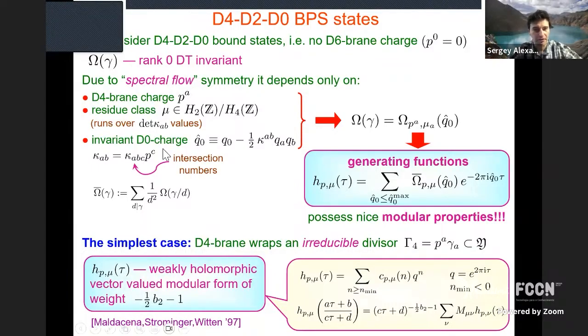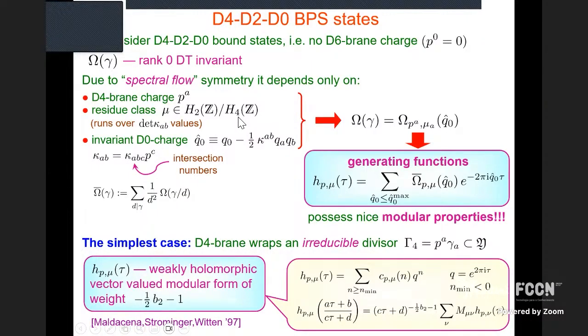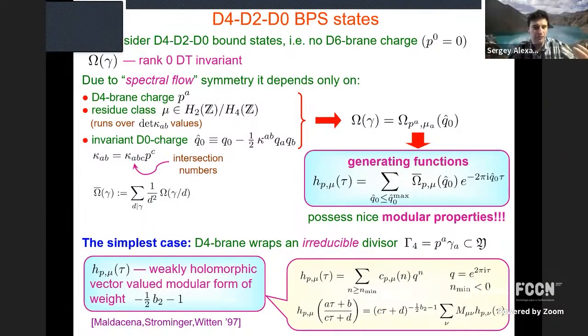It turns out that the D2 brane charge lives in H2 and the spectral flow parameter lives in H4. If these two lattices are not the same, then you cannot completely remove the D2 brane charge.